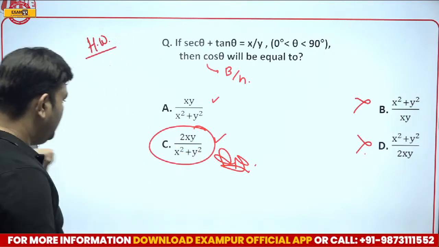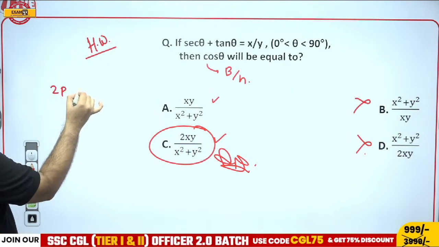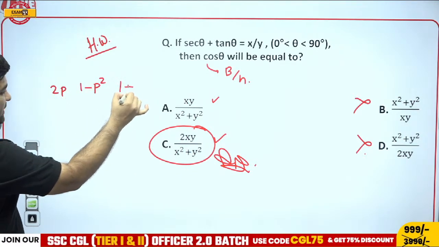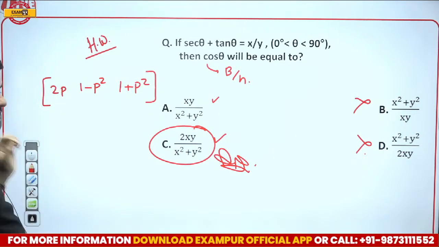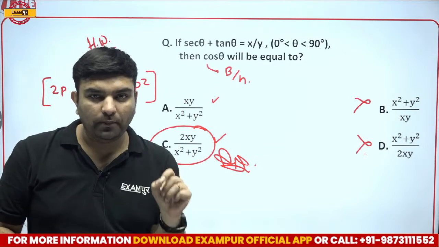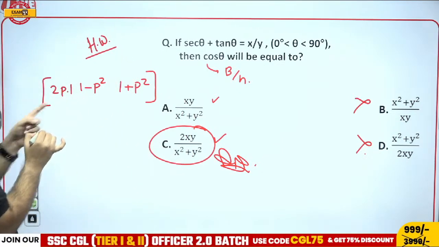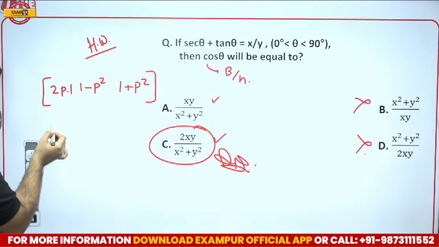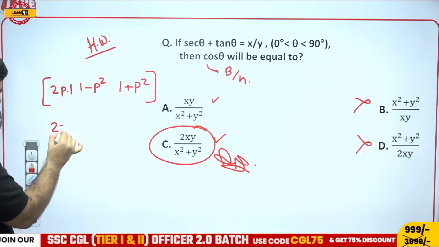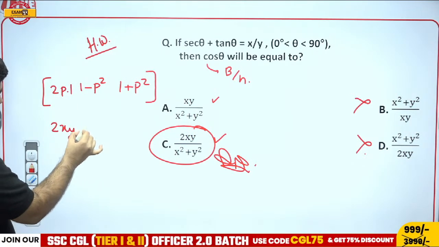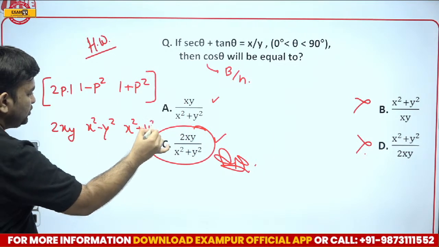See, as you know that 2p, 1 minus p square and 1 plus p square is a triplet. So here x was 1. So if I take x as anything else and p as y, 2xy, x square minus y square, and x square plus y square is also a triplet.